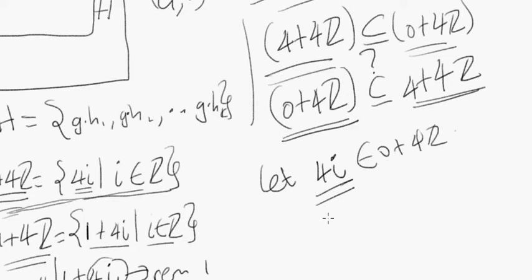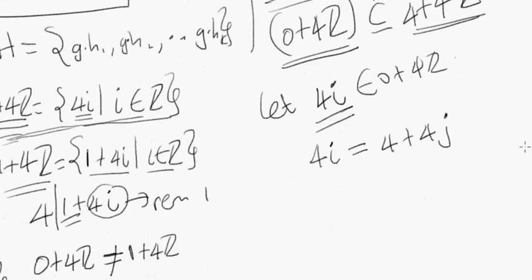How can we make 4i equal to 4 plus 4 times some j? Does such a j exist? Actually, it turns out that it does. We have 4i minus 4 equals 4j, which means that j equals i minus 1. Oh, that's right.